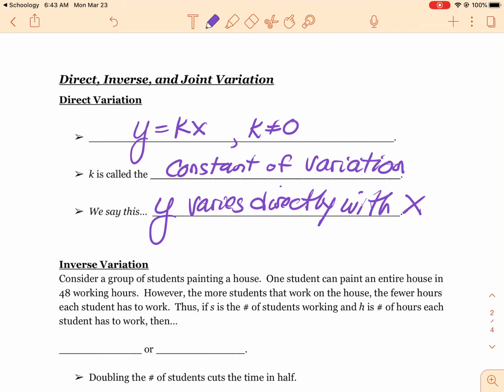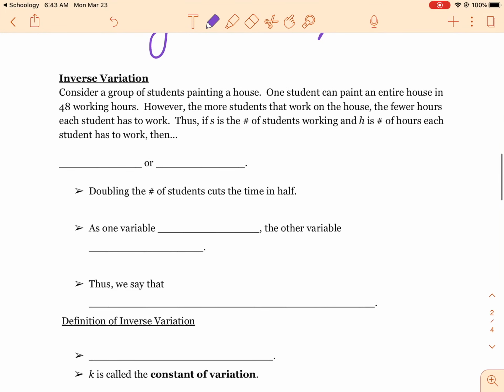Take a look at another one. So that's direct variation. Inverse variation, think about this problem. A group of students painting a house. One student can paint an entire house in 48 hours. However, the more students that work on the house, the fewer hours each student has to work.